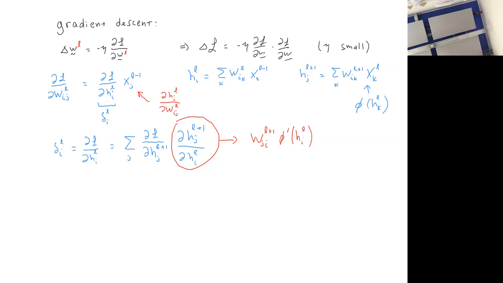When we differentiate with respect to h_i^L, we only pick out the term with k equal to i.